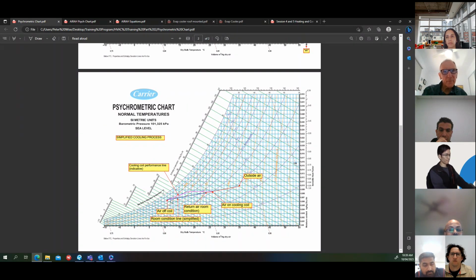You've calculated that based on all the loads that are entering that space. So it's the solar loads, the transmission loads, the internal loads. You work out the room sensible heat. You know where the delta T is going to be because you've worked it out from drawing this condition line. Therefore, you can calculate what the airflow is, because the airflow is the room sensible heat divided by 1.2 divided by delta T.